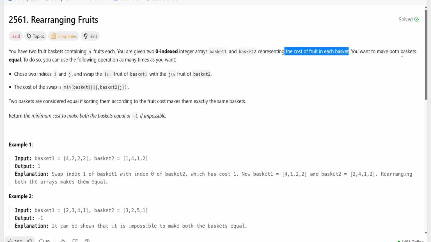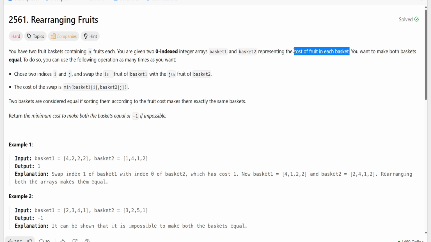You want to make both baskets equal, right? Means if I say basket at i, let's suppose this is basket at i, it is nothing but the cost of fruit in each basket.